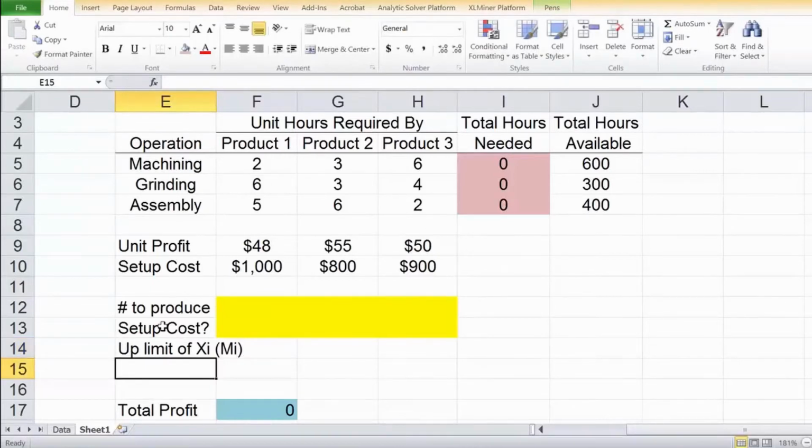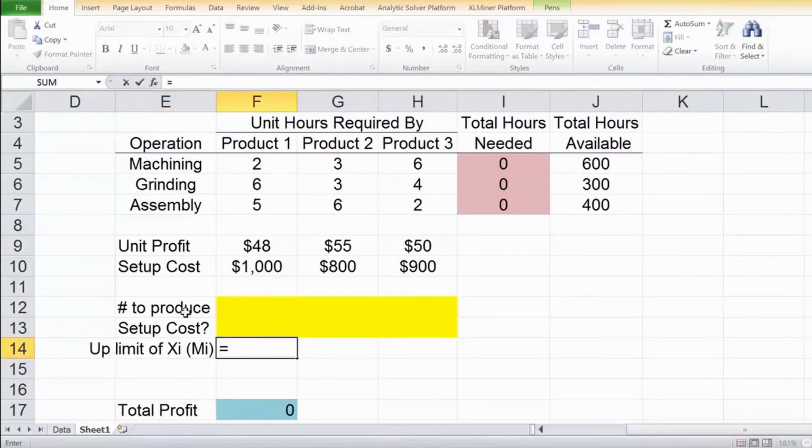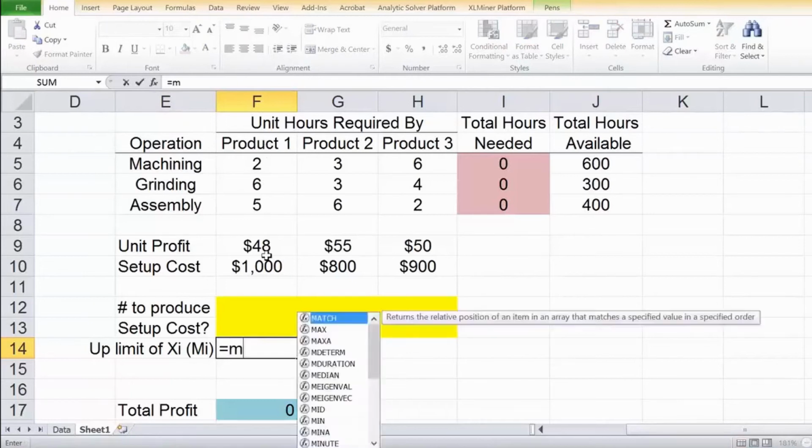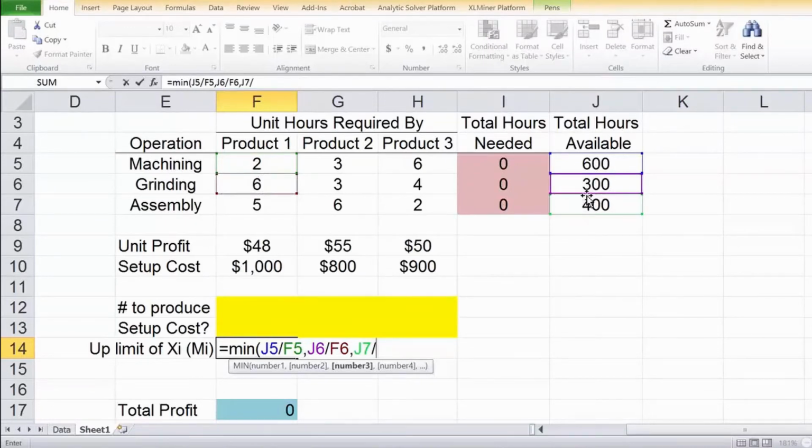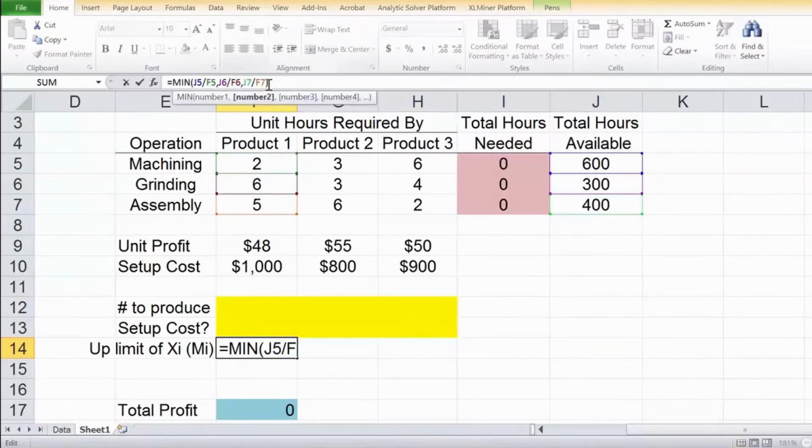We use m to represent a big value, so we call it the big M. So this big M for x1 equals the minimum among this right hand side divided by x1's coefficient, and this right hand side divided by the coefficient here, and this one divided by the coefficient here. So that's the minimum value of these 3 divisions.